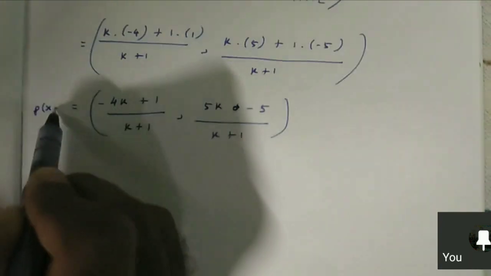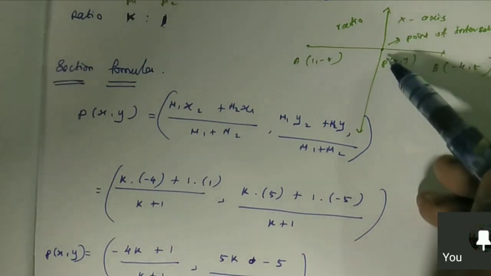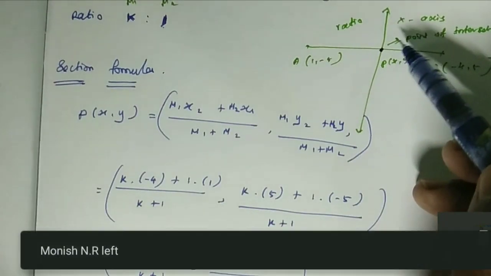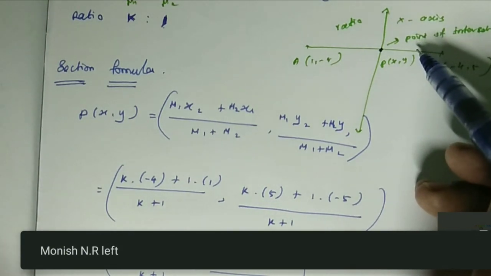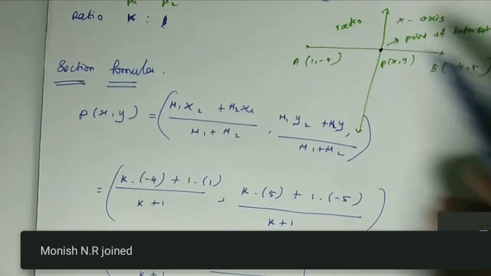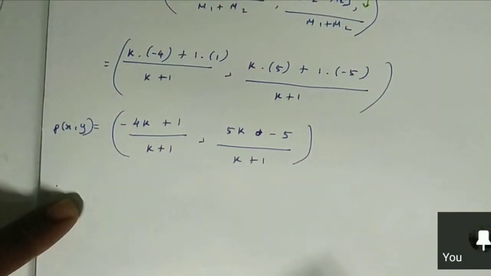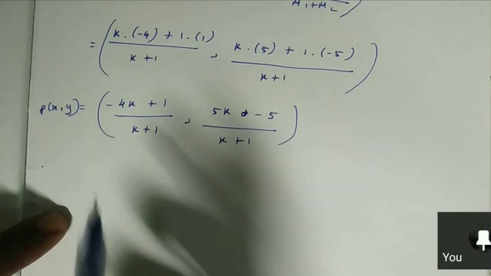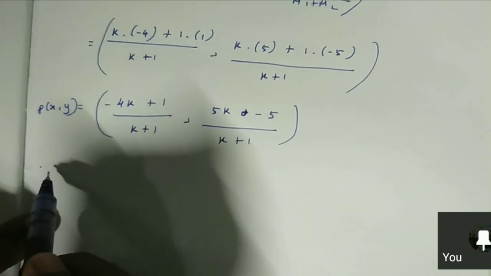Now, the intersection point is lying on the x-axis, right? The point belongs to the x-axis. So when the point is lying on the x-axis, what about y? Very good.